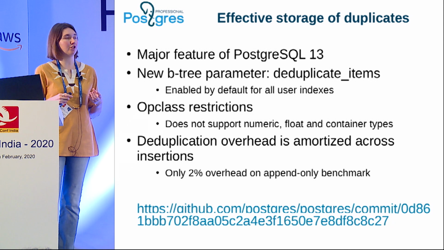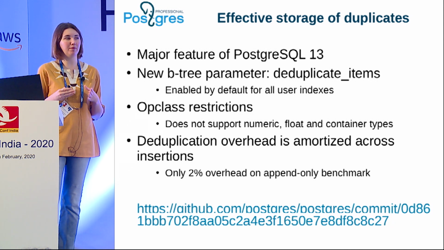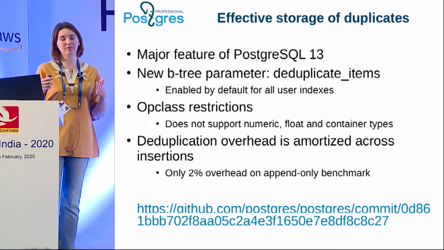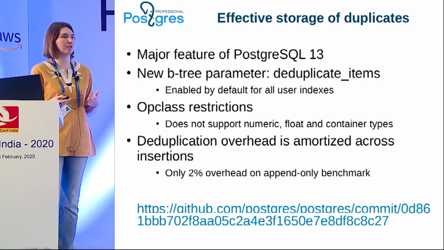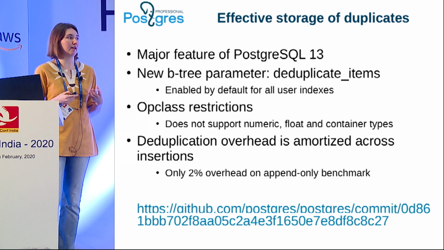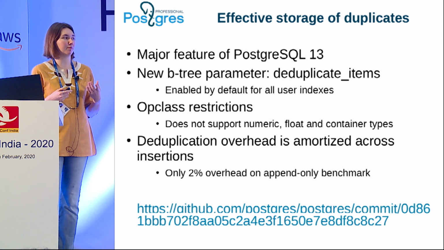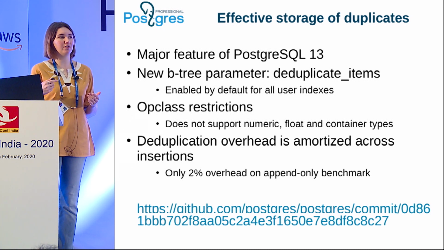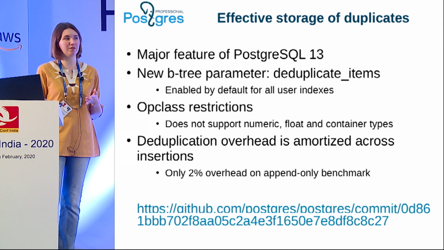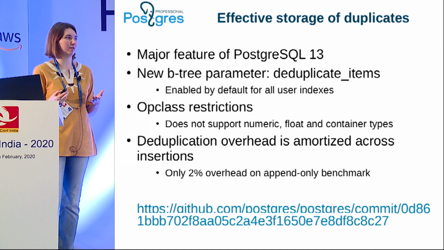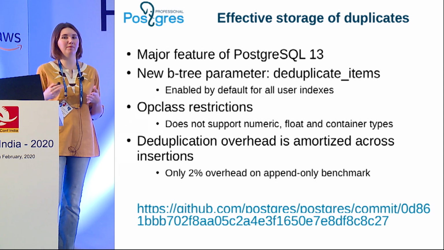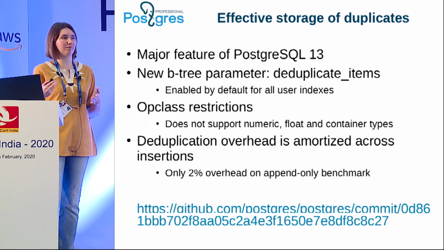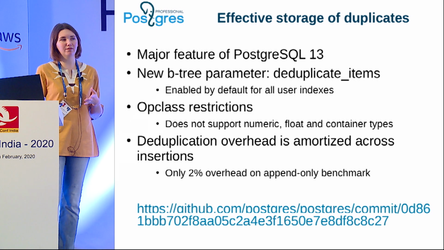There are a few restrictions. This deduplication relies on the binary equality of keys, and thus it does not support numeric, float, and container types such as array or record types. I think it's not a big deal because I don't think that many people really use B-tree indexes on record types or something like this.